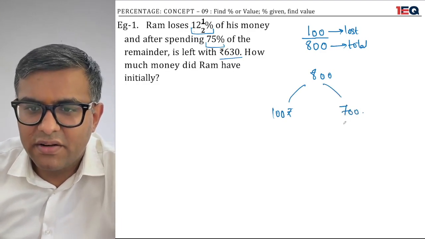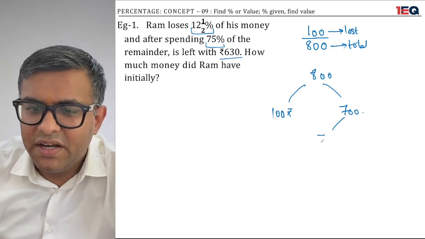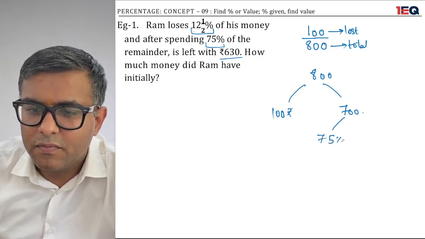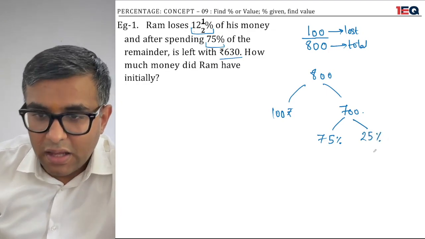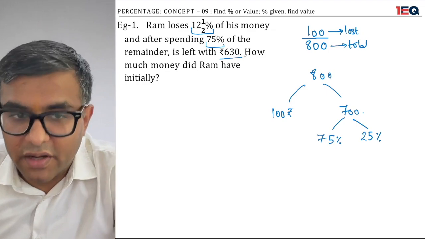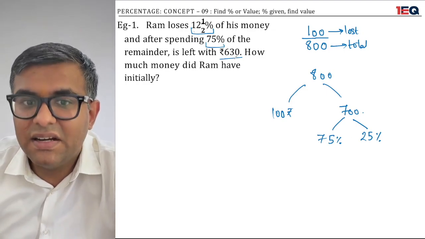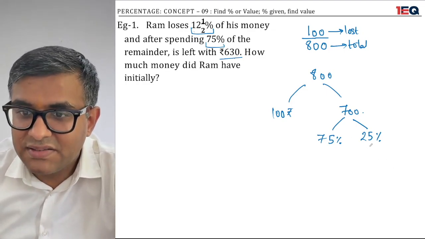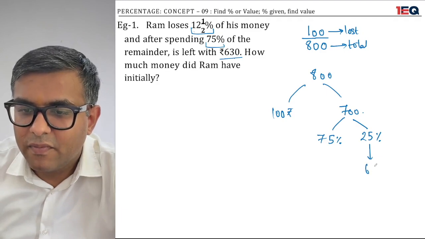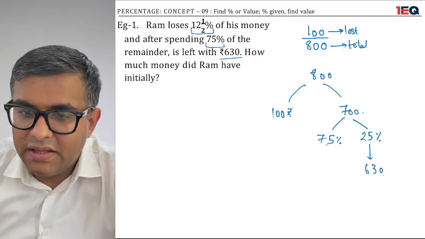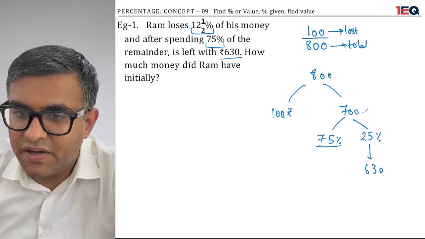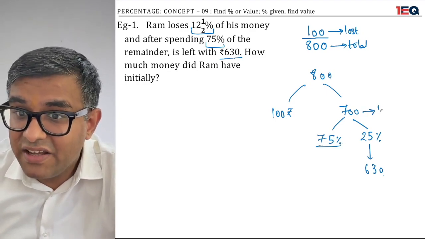Out of the 700, he spent 75% and he was left with 25%. According to the question, the remainder is 630. If 630 is the remainder and he spent 75% of it, what does 700 stand for here?